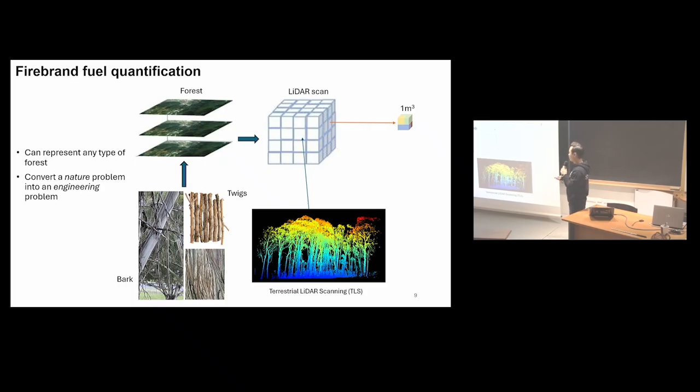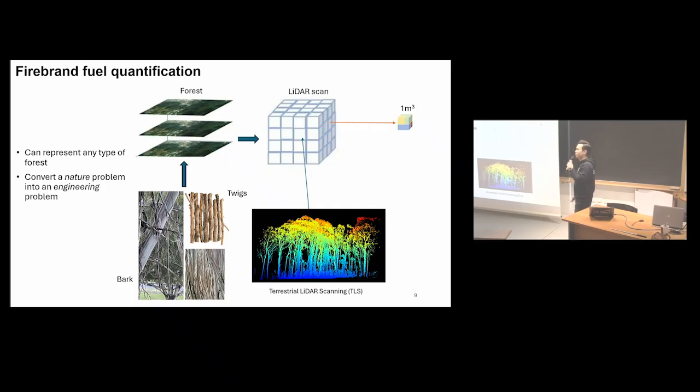We can categorize twigs, small twigs, stringy bark, and ribbon bark, or you can say candlebark. And then we quantify them in 1 cubic meter.